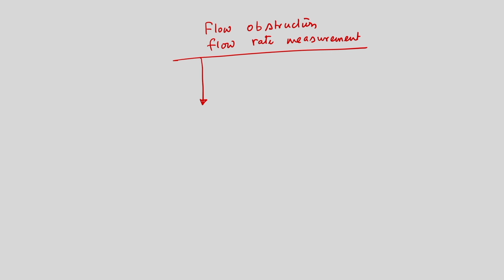So, the instruments, as I said, are the venturi meter and the orifice meter.